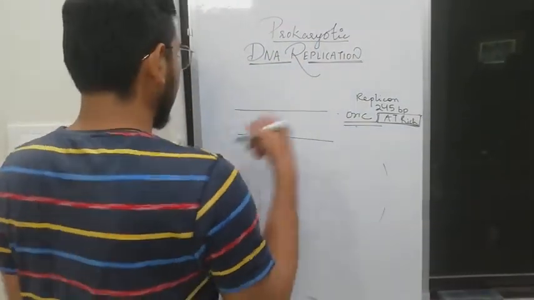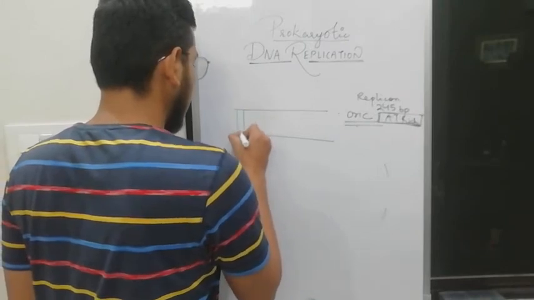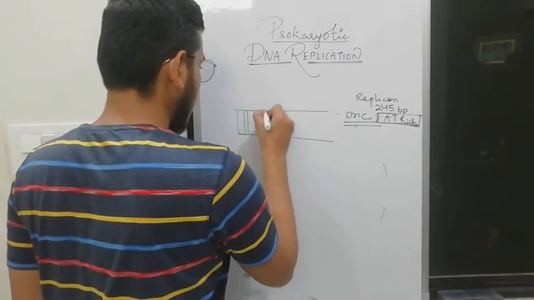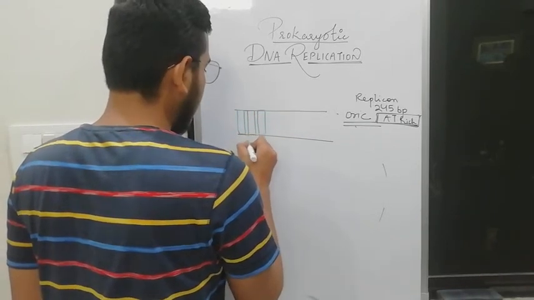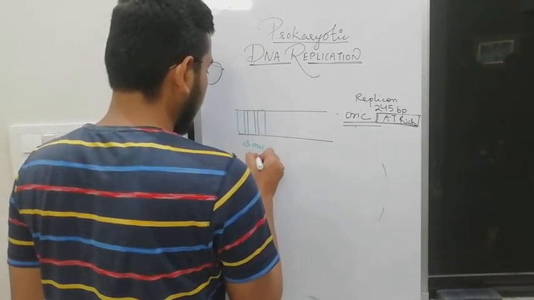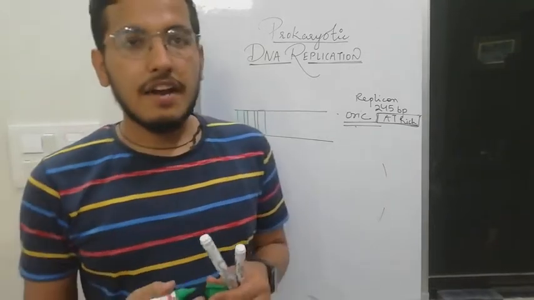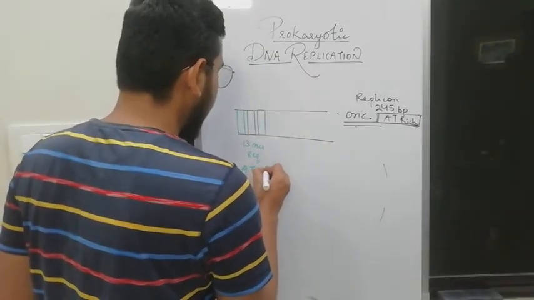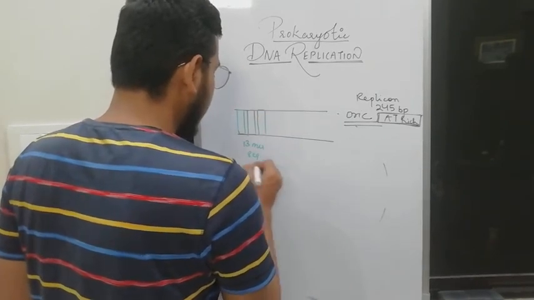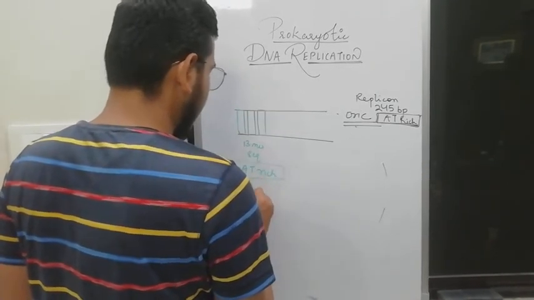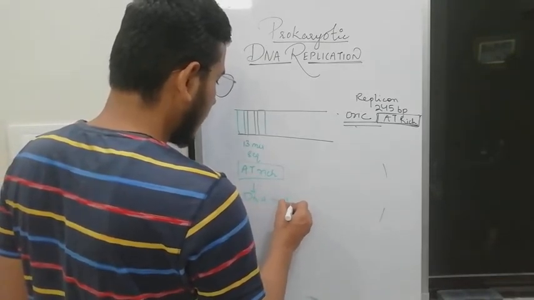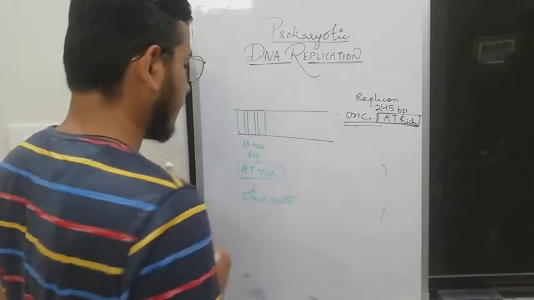It has three sets of 13-mer sequences which are AT-rich, and from here the DNA melts.